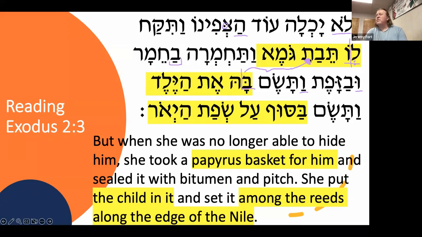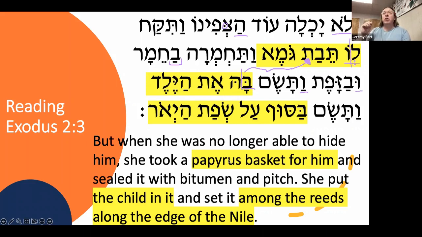A construct, feminine, singular construct. The ark of gomeh. And the gomeh in this case is a papyrus, some kind of papyrus. But it's interesting phrasing, because over when the ark is getting built with Noah, it's a tevat gomer, or gopher, for gopher wood. But here's the thing.